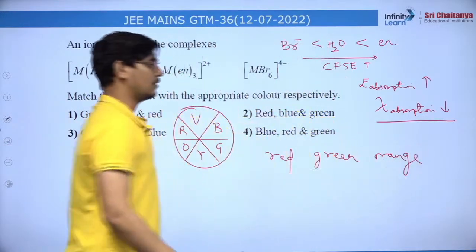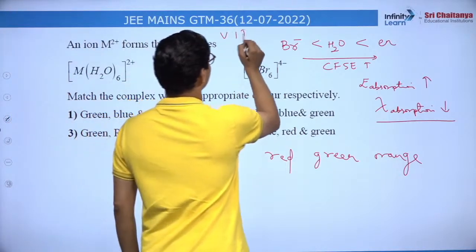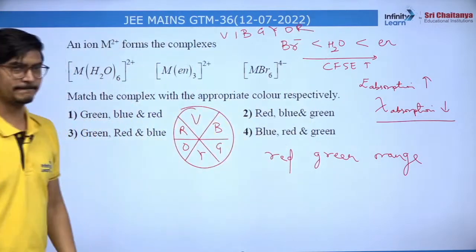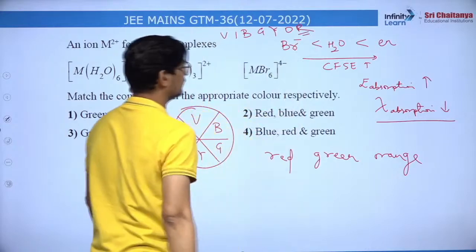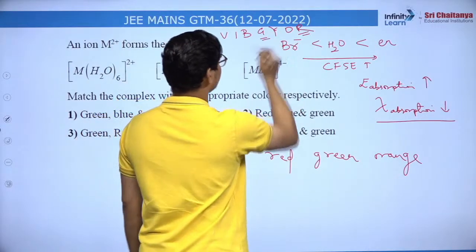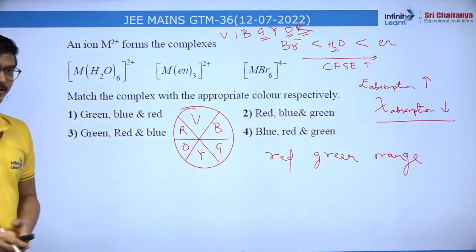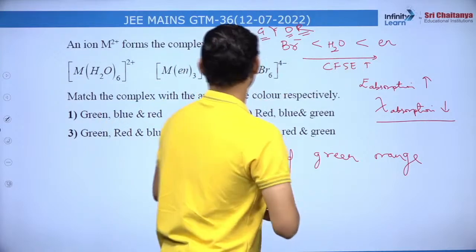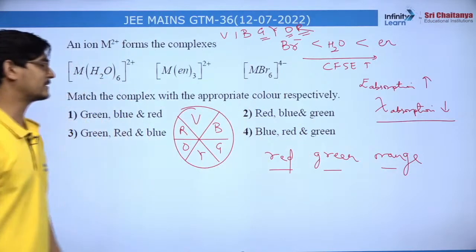Now find these colors in VIBGYOR. Is that clear? So red is here, then green is here, and orange is here. Now out of these, which of red, green, and orange has the lowest wavelength?